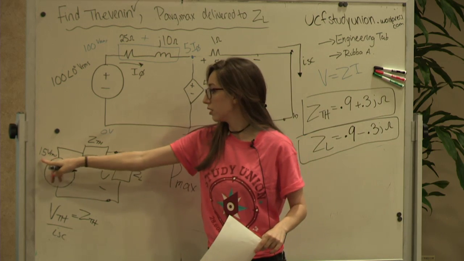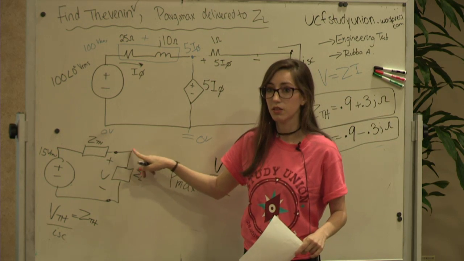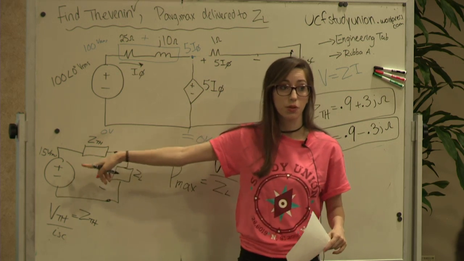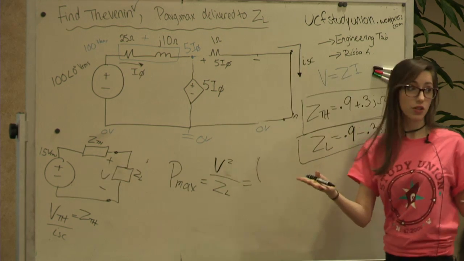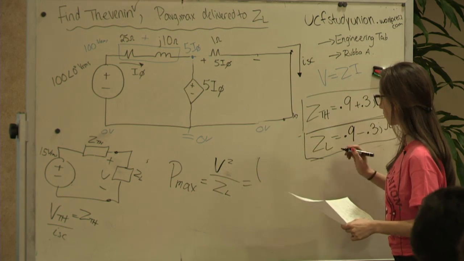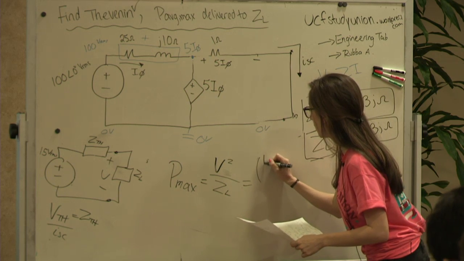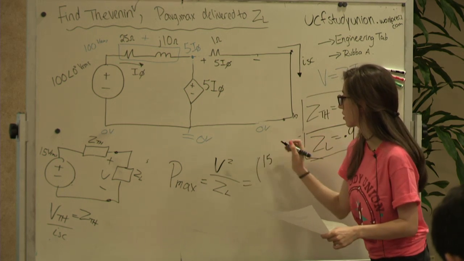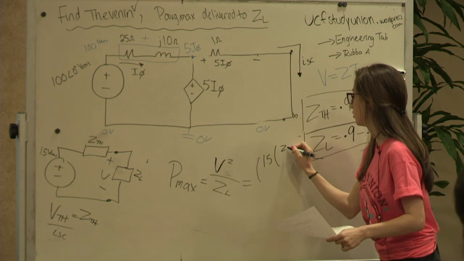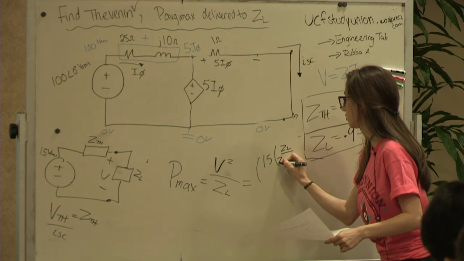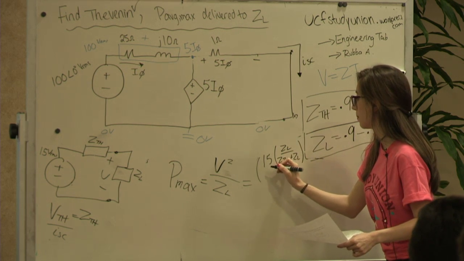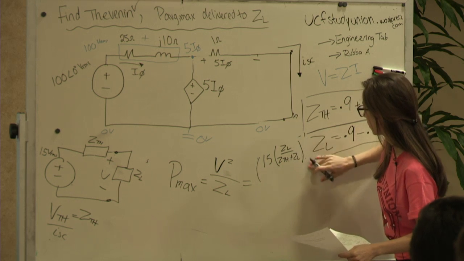Now, 15, when it gets here, will be lower than 15. It'll dissipate over this. We want the voltage across here, and you have two impedances in series with a voltage source, so you could do voltage division. 15 is your source times ZL over those two added.